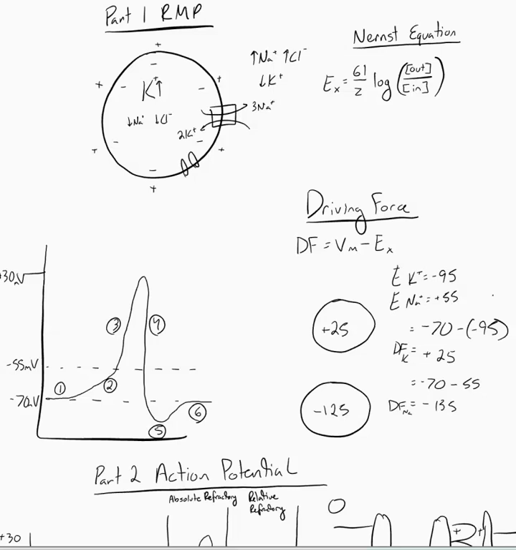Alright, we are starting off by discussing how membrane potential of a cell is established. And that starts off with this diagram here. Every cell has a certain concentration of ions inside and outside of it, which overall creates a net negative charge inside the cell versus outside the cell.